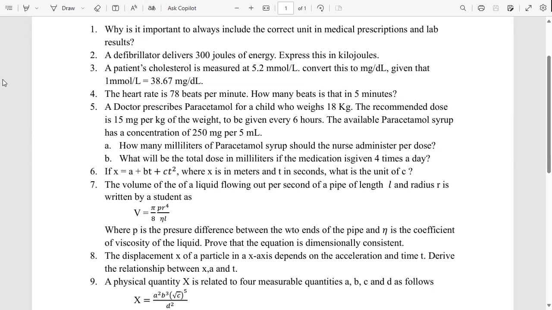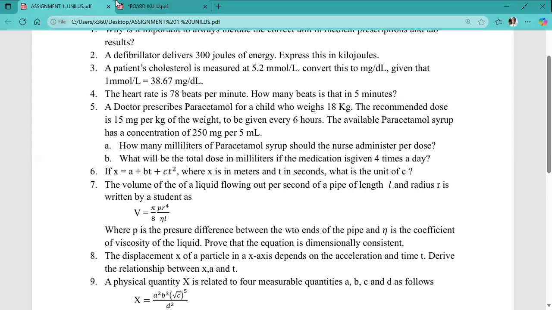Convert this to milligrams per deciliter, given that 1 millimole per liter is equal to 38.67 milligrams per deciliter. So here they've already given us the conversion factor, which means we don't even have to waste time on this question. It's as simple as it looks.